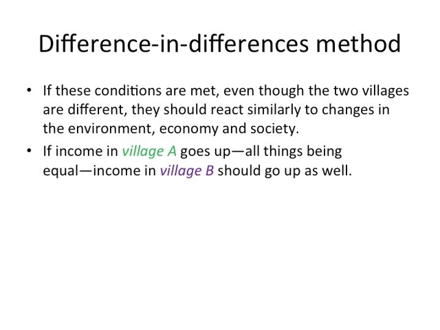So, if incomes in Village A go up, then there should be a similar effect in Village B as well. This is true even if the average income in both villages is different.